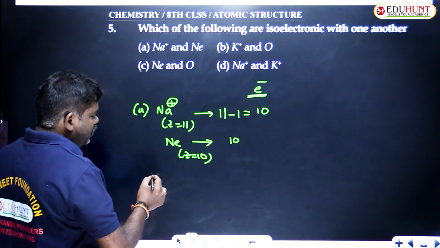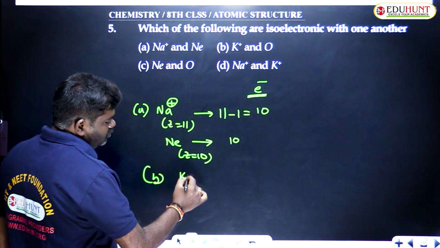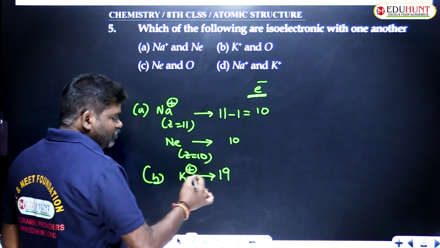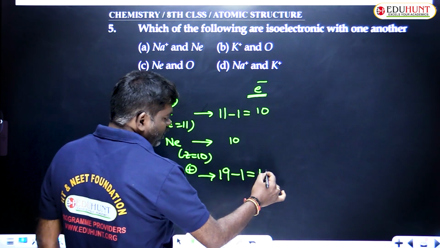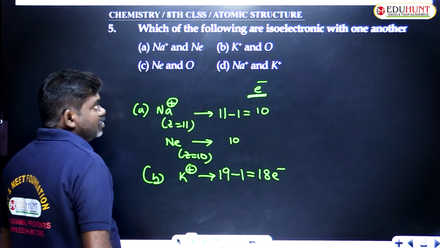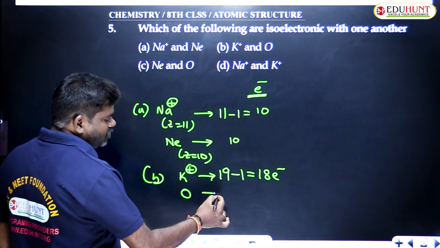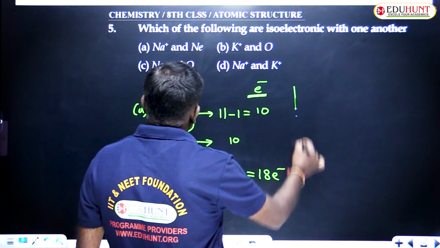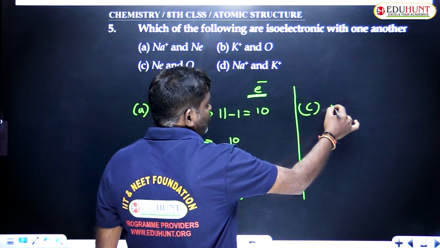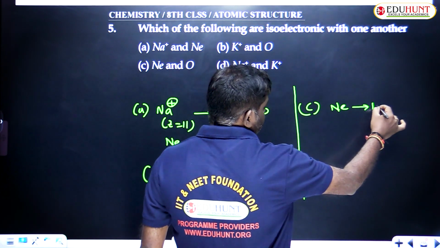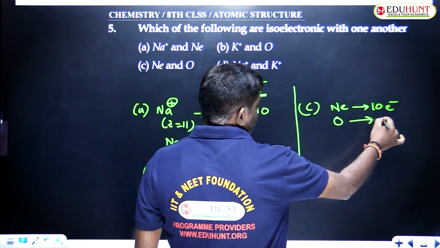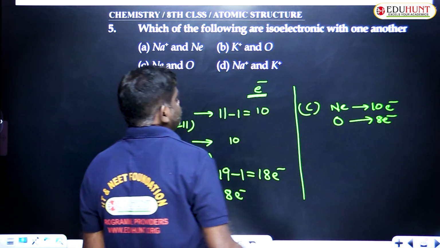And if we take B, K+, what is the atomic number of potassium? 19. Plus means 1 electron is removed, then 18 electrons are present. Oxygen, atomic number 8, has 8 electrons. In the case of C, neon atomic number is 10, it contains 10 electrons, and oxygen has 8 electrons.